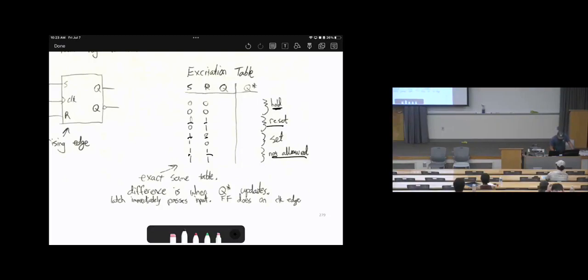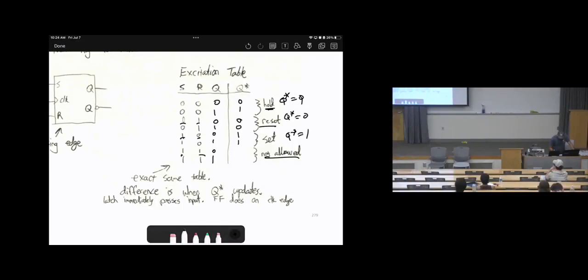In this scenario, let's assume Q is sometimes 0, sometimes 1. For hold, Q star will equal the old Q. Reset means Q star will be 0, so no matter what Q is, it will be zero. Set means Q star will be 1. Both ones is not allowed, a forbidden state.